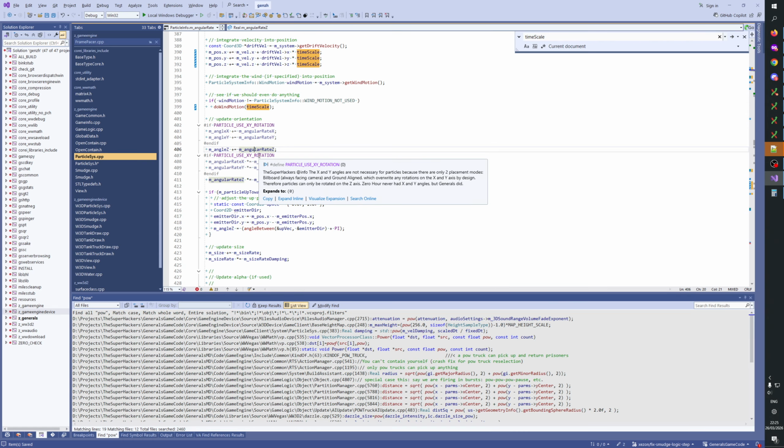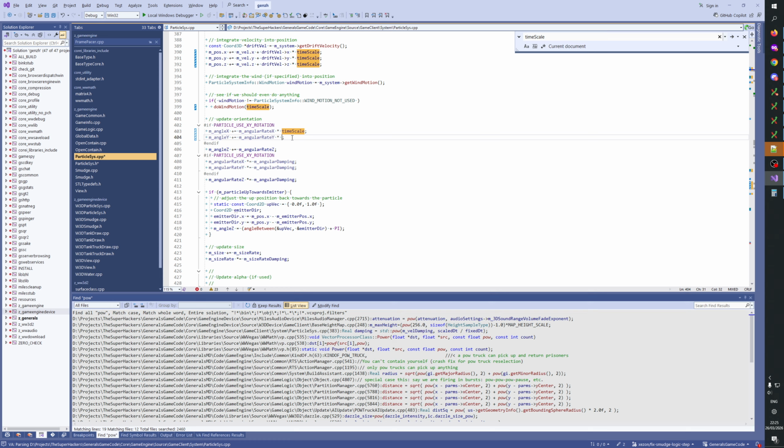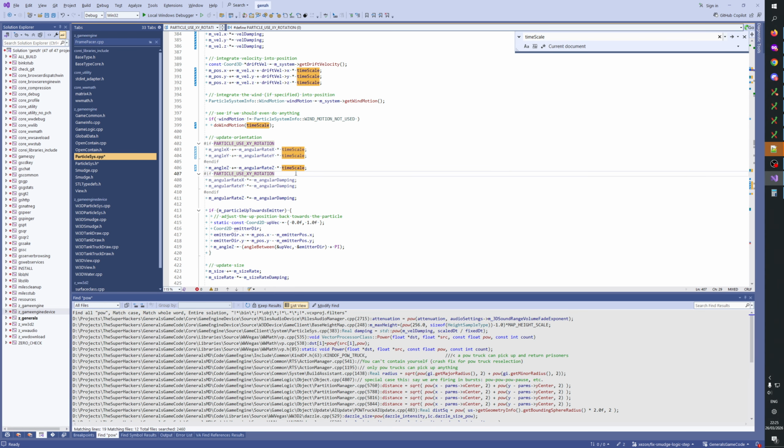Angular rates. Okay, so this one we also need to scale. Damping. Okay, here we have this again.